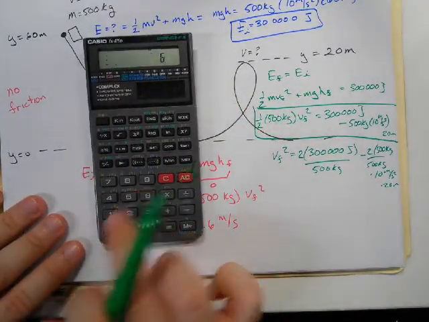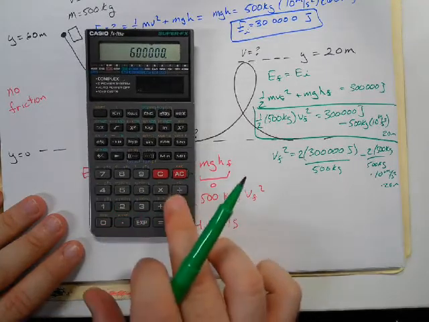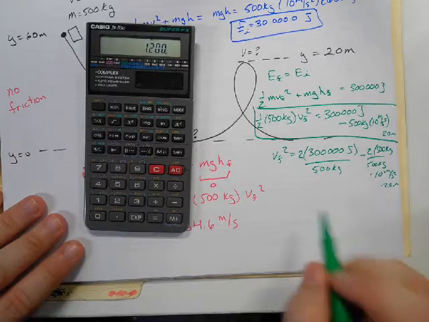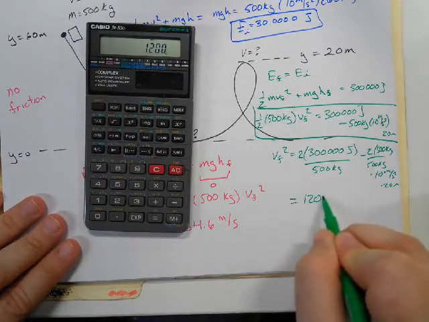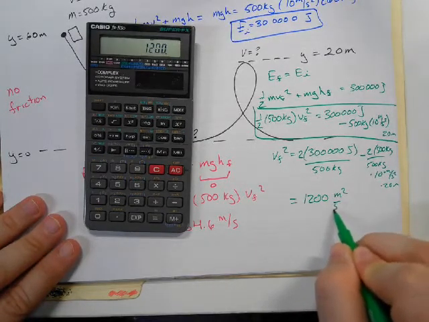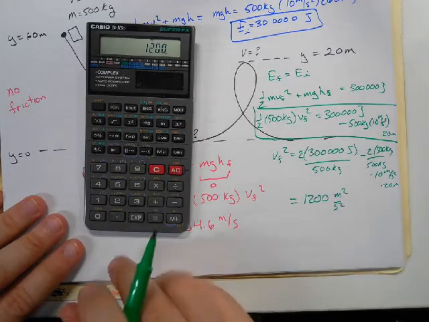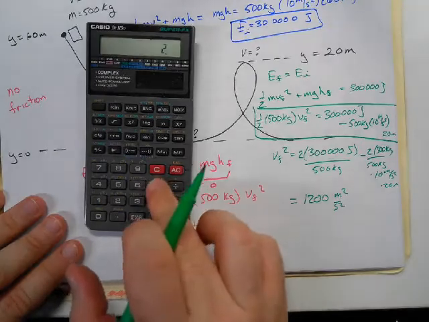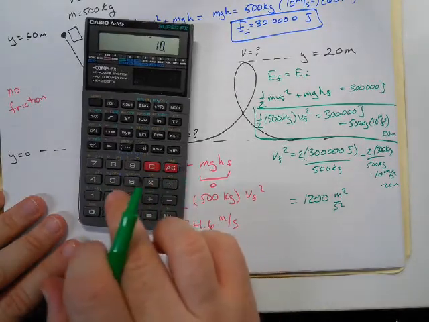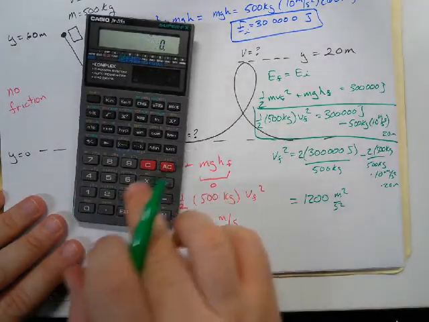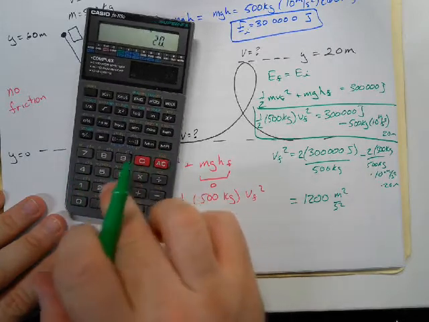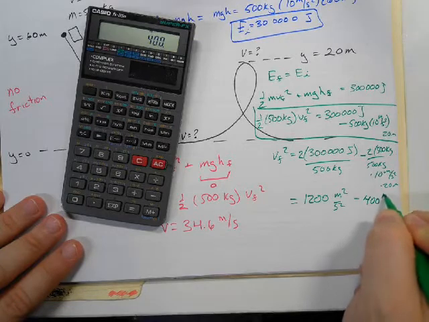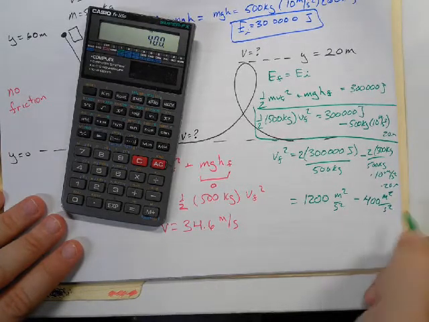All right, this left term is 1,200 meters squared per second squared, and then the right term is 2 times 10 times 20, 400 meters squared per second squared.